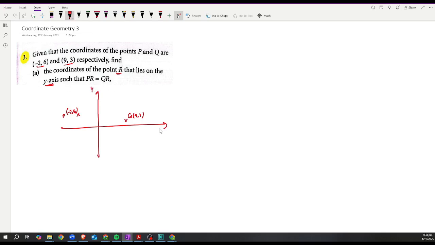So here's one of the confusions. Some students will draw a straight line connecting P and Q, and then place R on the y-axis in the middle of P and Q, and then use the midpoint theorem to find the coordinates of R. This is wrong because the question did not state that P, Q, and R are collinear, or that they lie on the same straight line.